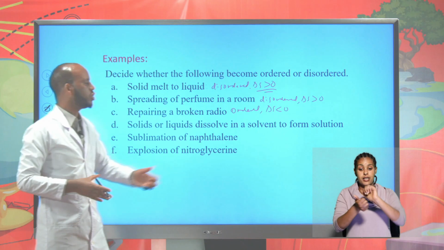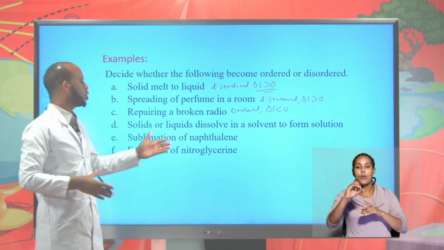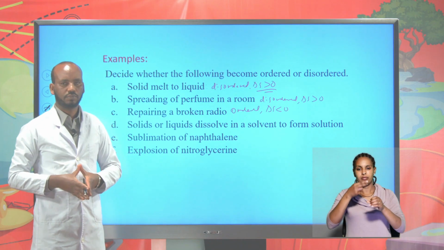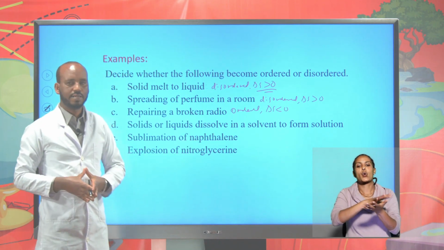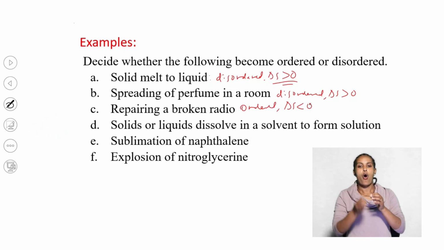The change in entropy, delta S, is greater than 0. Sublimation of naphthalene, disordered. Delta S is greater than 0. Explosion of nitroglycerin, disordered. Change in entropy, delta S, is greater than 0, and the sign of delta S is positive.